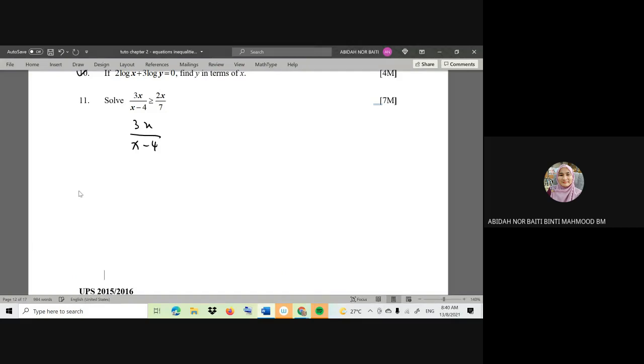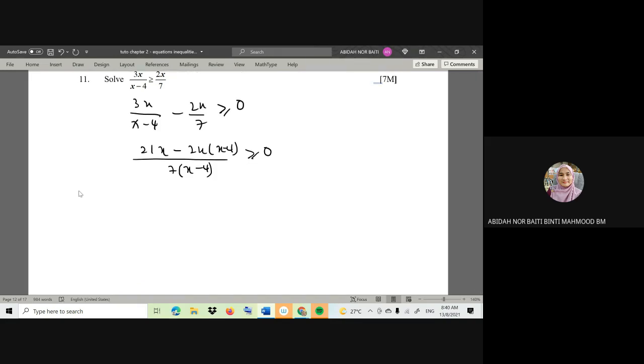We rearrange. Minus 2x over 7. And then we equalize denominators. x minus 4, 7x minus 4. Until we get a single fraction form.